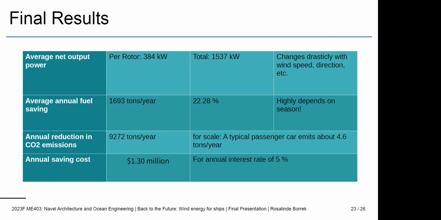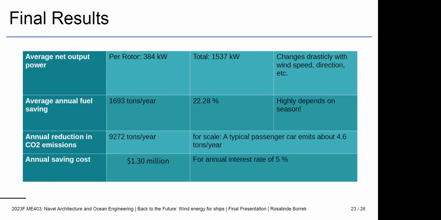We can also see that there's still a lot to go if we want to make a ship work only on wind energy, but still 22% is already a lot. Since wind changes with the season, those values are also highly dependent on the season. Usually in January, you can save a lot more fuel than in October, because this is just the wind in the Mediterranean Sea.